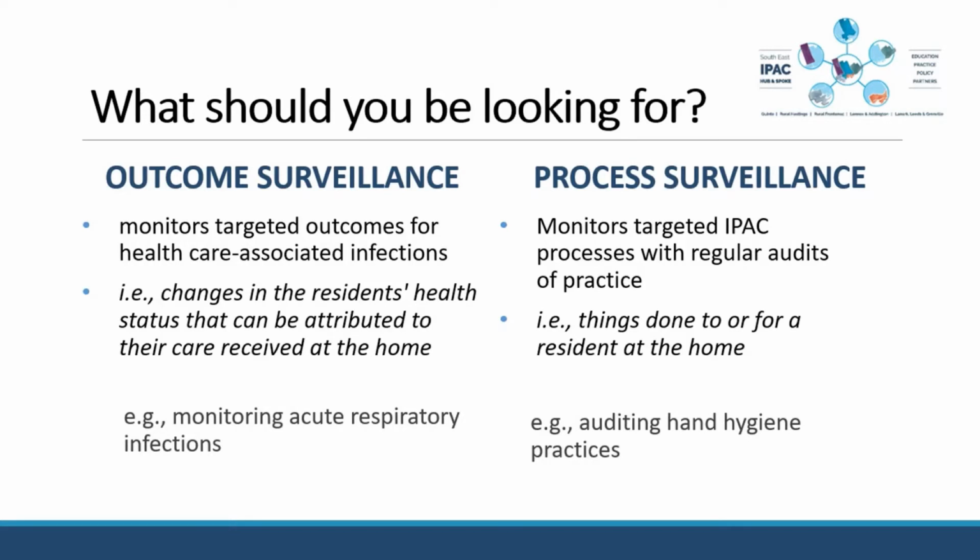Process surveillance monitors targeted IPAC processes with regular audits of practice, so things that are done to and for the resident at the home. An example could be hand hygiene auditing. Hand hygiene is a process conducted to protect the resident and the healthcare worker. To conduct surveillance of this process, you could do hand hygiene auditing, monitoring compliance of the 4 moments of hand hygiene as an example.